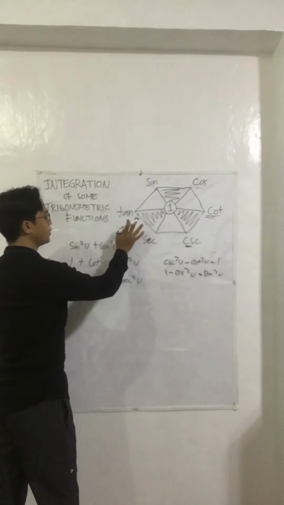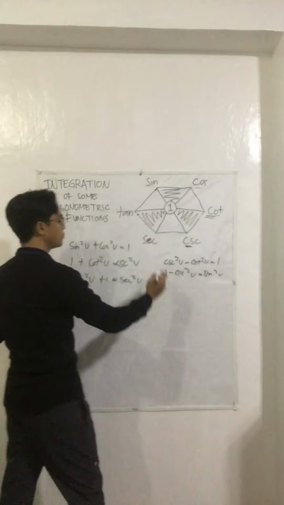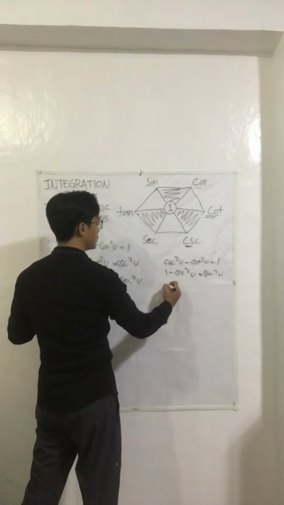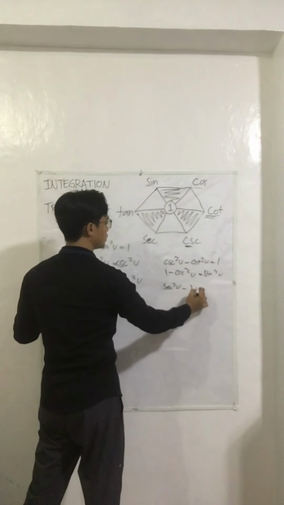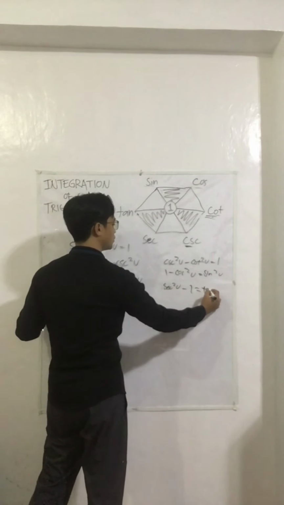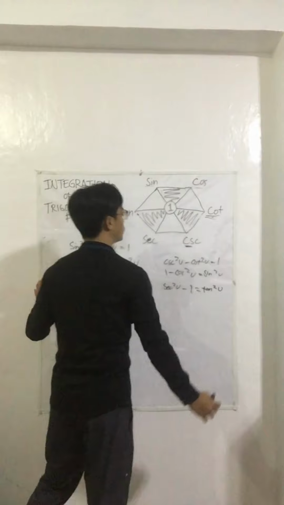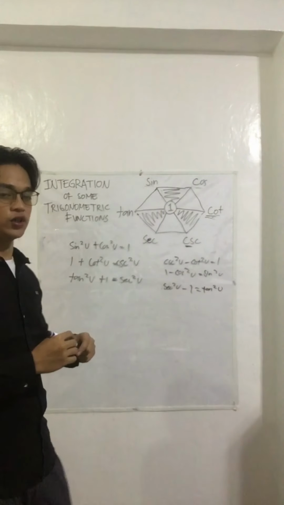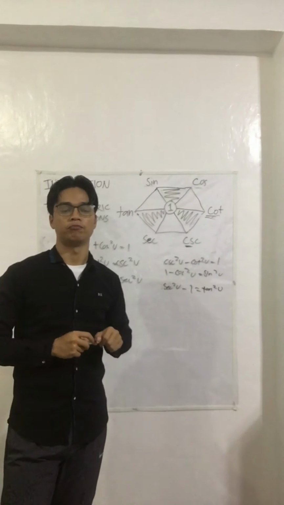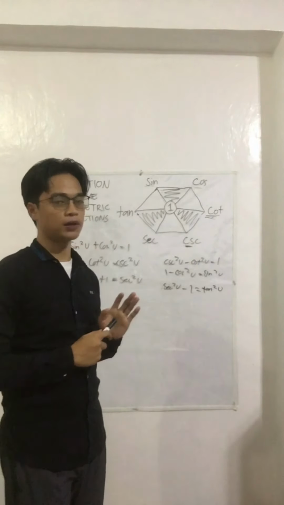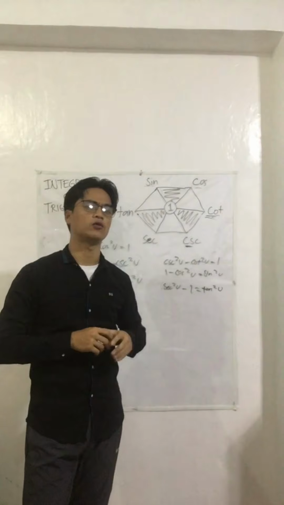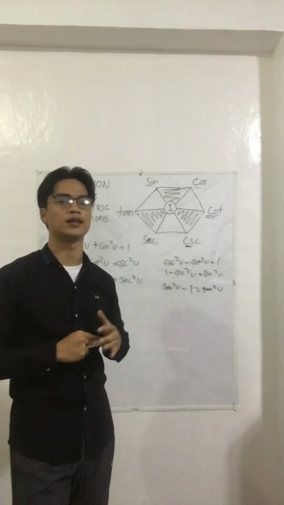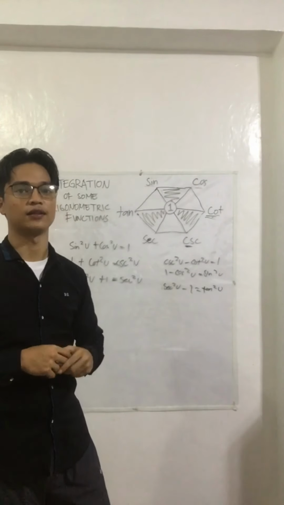And then sa third triangle natin, secant squared u minus 1 is equal to tangent squared u. So si Superhex ay napakamatulungin para makuha natin yung mga iba't ibang identities even without memorizing it.